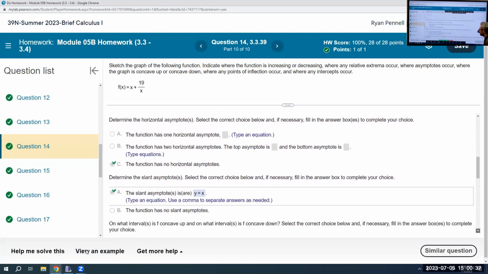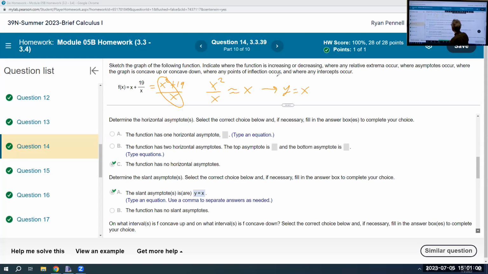Determine the slant asymptote. Select the correct choice. If necessary, fill in the box. All right, I kind of spilled the beans before. Let's do it again. I can rewrite this as x squared plus 19 over x. What is my ratio? x squared over x. x. So this is like y equals x when x goes to infinity.